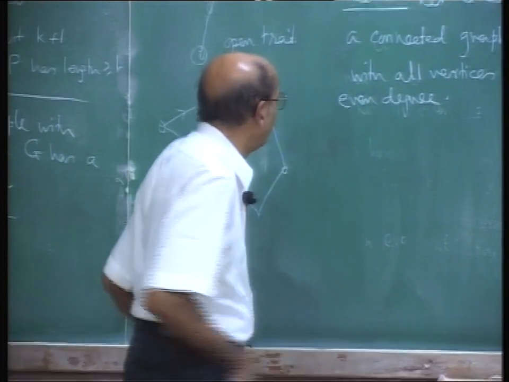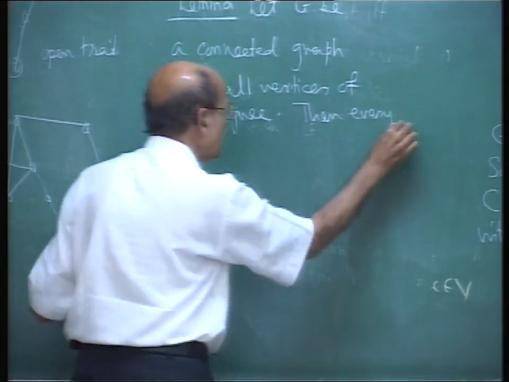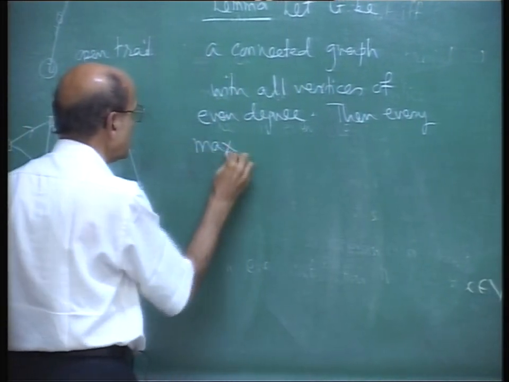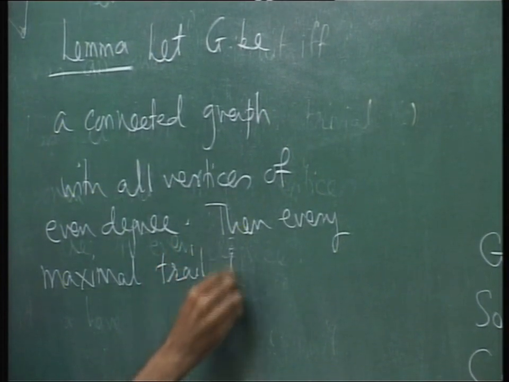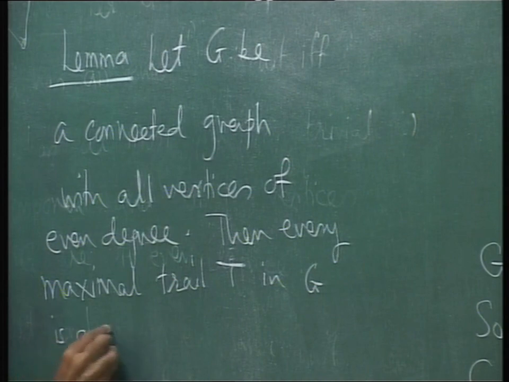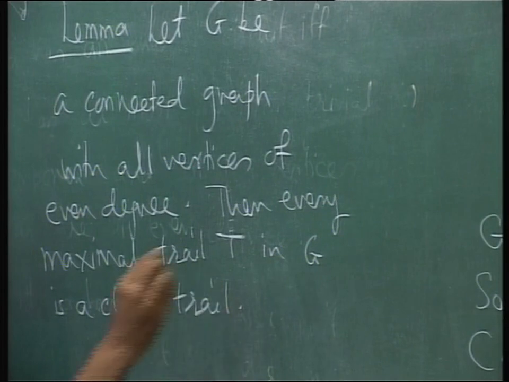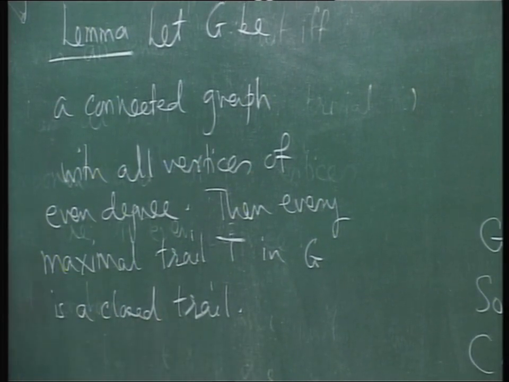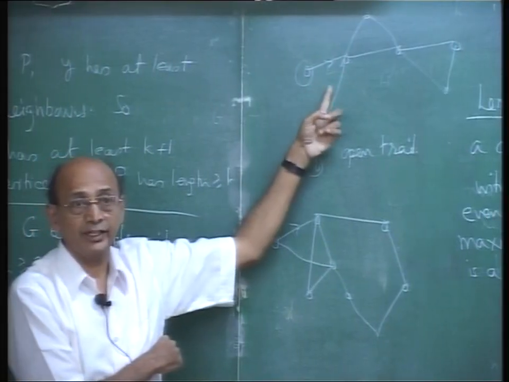Then the trail is a closed trail. In the earlier example, I got an open trail because there are vertices of odd degree.